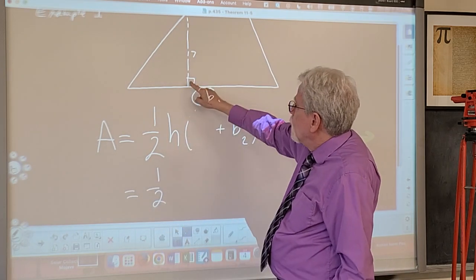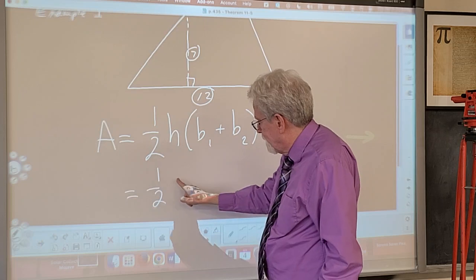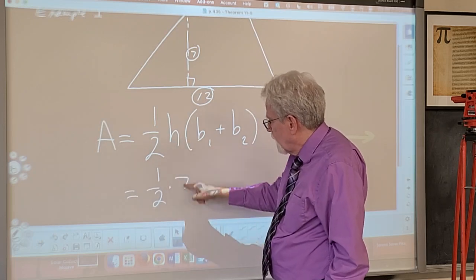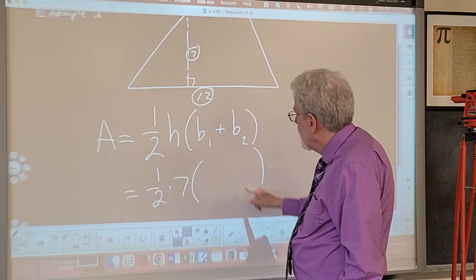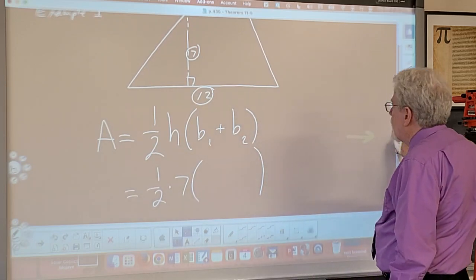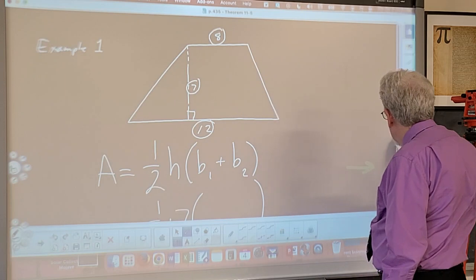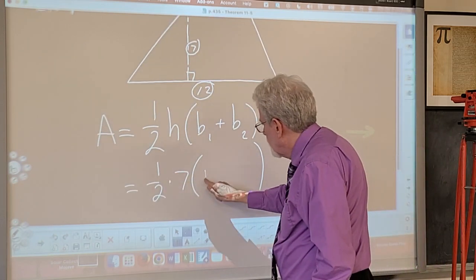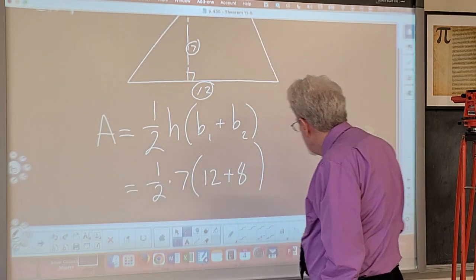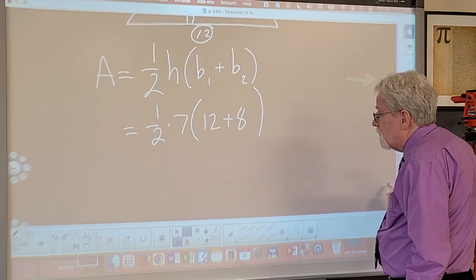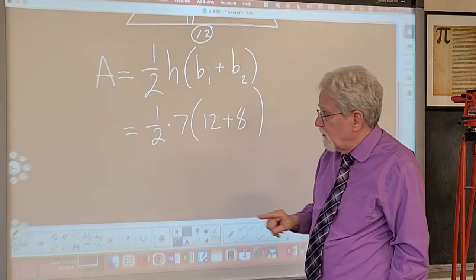Oh, we're given the height. It's 7. 1/2 times 7 times 12 plus, what was the other base? 8. 12 plus 8. Add the bases. Well, that looks easy. Yes, it is easy. 12 plus 8 being 20.